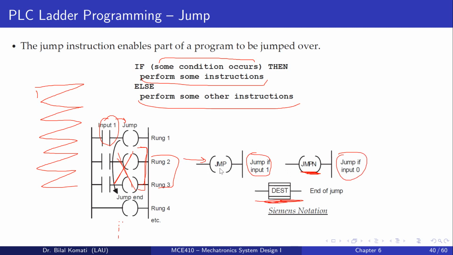So if you see JMP on the diagram using Siemens notation, this means jump if input is 1, and if you see JMPN, this is like the else, so jump if input is 0. Here dest is the end of the jump, and it will jump to a destination, which is the same in both cases. The difference between these two is only the condition.